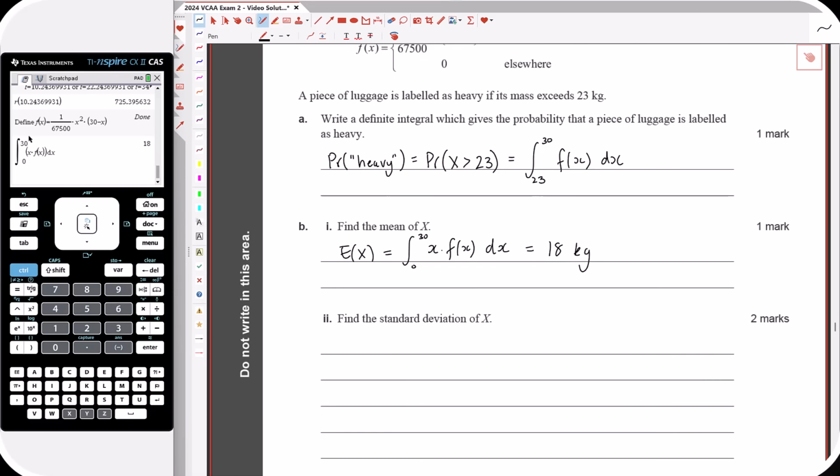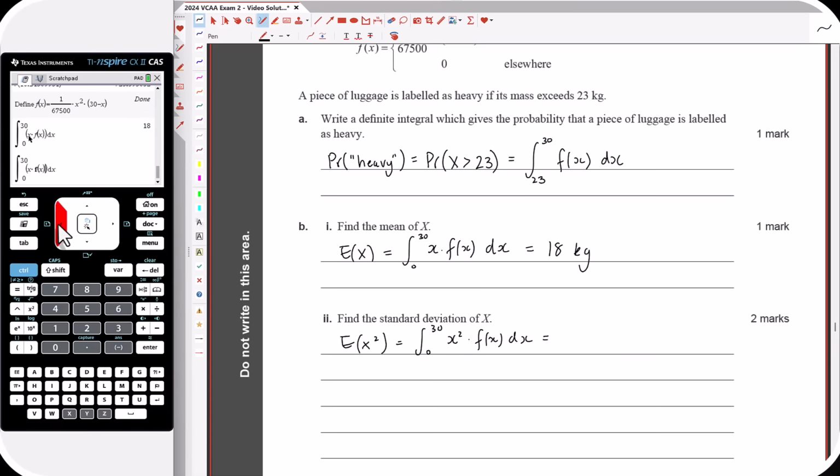Find the standard deviation of x. For standard deviation, we need the expected value of x squared. That's the integral from 0 to 30 of x squared times f of x. Let's just edit this calculation. So that's 360.